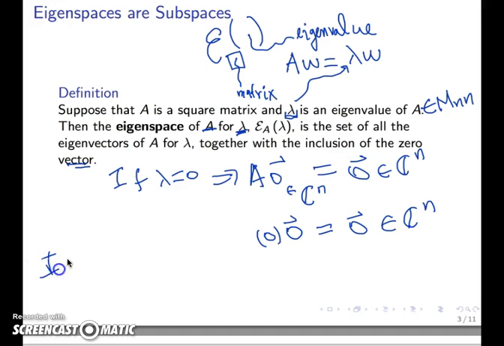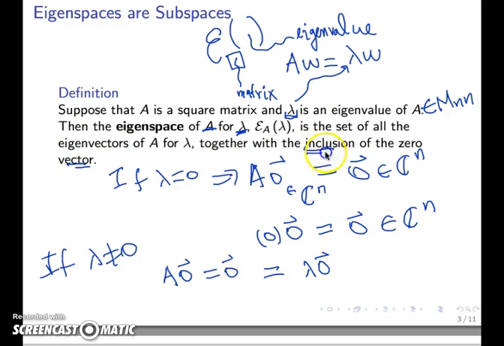But also if lambda is not zero, you could consider multiplying A times the zero vector, that is the zero vector, but also lambda being a non-zero scalar multiplied by the zero vector, that is also equal to the zero vector. So even for non-zero eigenvalues, the zero vector is always a trivial eigenvector, if you will.